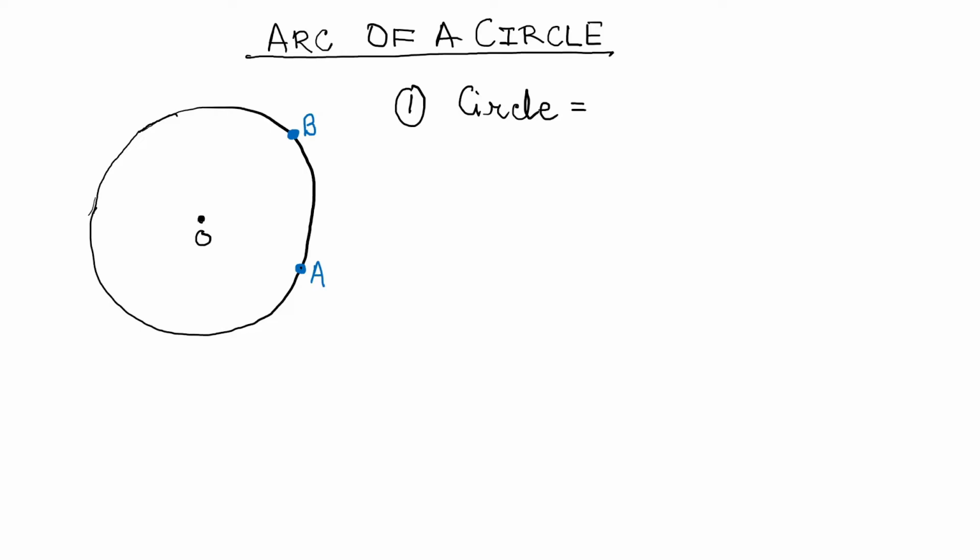One is A to B and the other arc is B to A. So let us say that here we have 2 arcs. One is arc AB and the other is the arc BA.